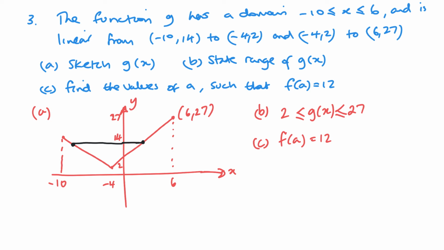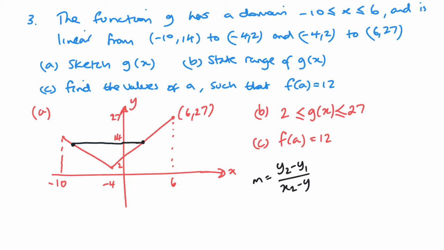So I want to look at the gradient. So let's look at the one that is essentially between the minus 4 and the 6 from the domain. So difference in y's over the difference in x's.